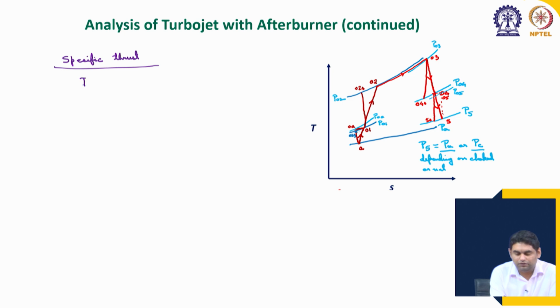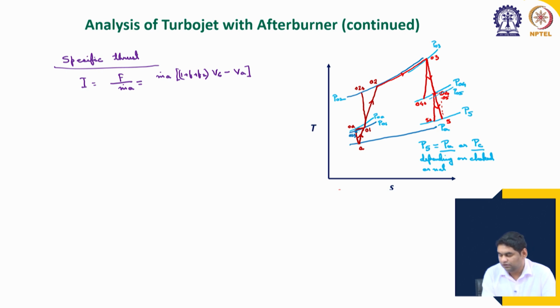I is equal to F by m dot A. So F is equal to m dot A times (1 plus f plus f2), which is the mass flow rate in the nozzle, times V6, minus m dot A into VA.